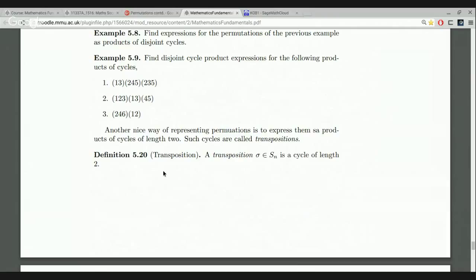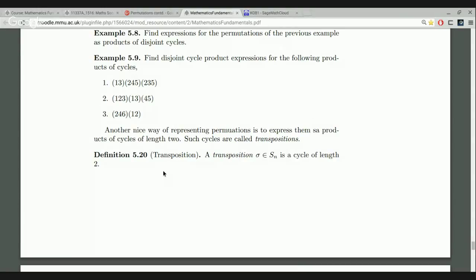Suppose sigma is presented to us as the following composition of cycles. Now I'm going to give it as a product of cycles, but they won't be disjoint. Suppose the first cycle is 1, 8, 6.